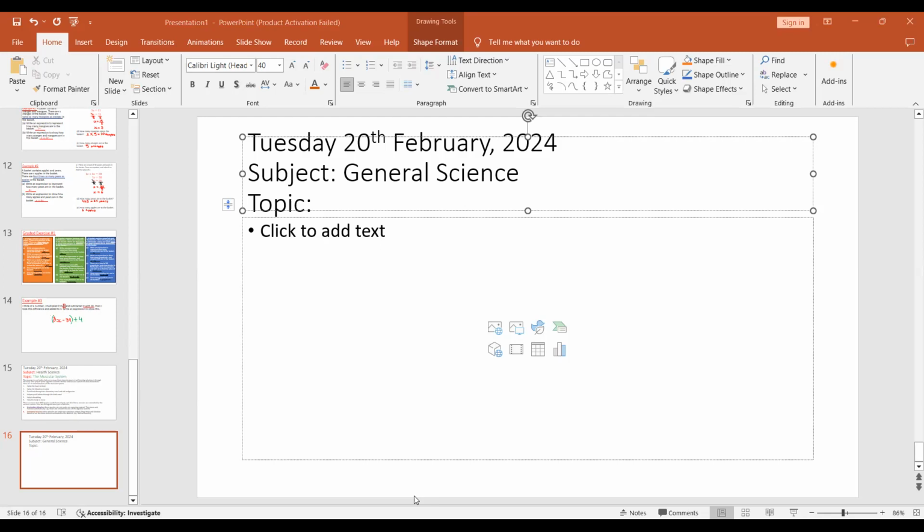Which one is reversible and which one is irreversible? Physical change is reversible and chemical change is irreversible. So physical changes are reversible and chemical changes are not reversible.